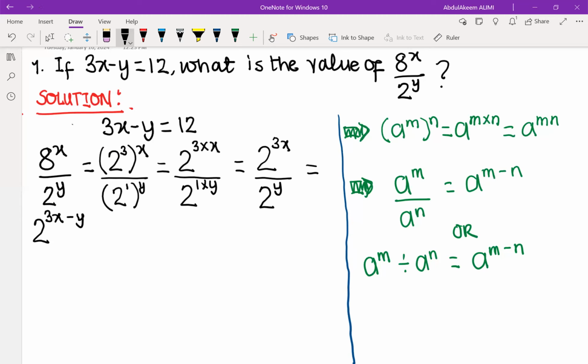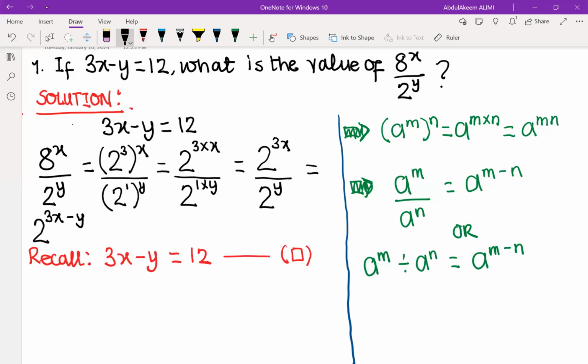So let's recall from the question, we have 3x minus y is equal to 12. Let me name this equation triangle. So what do I do here now?